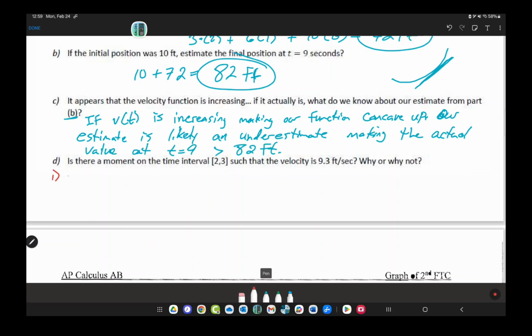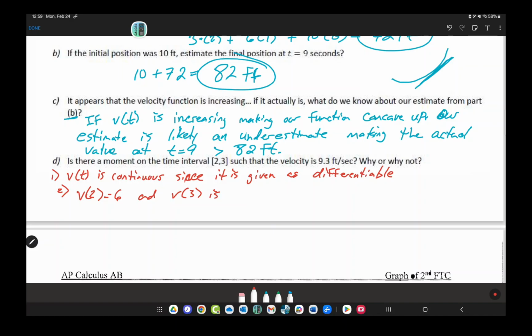So, one, v of t is continuous since it is given as differentiable, which we need for the IVT to apply. Two, v of 2 is 6 and v of 3 is 10.